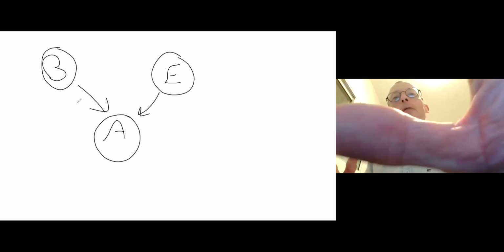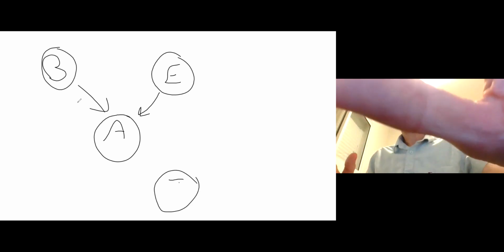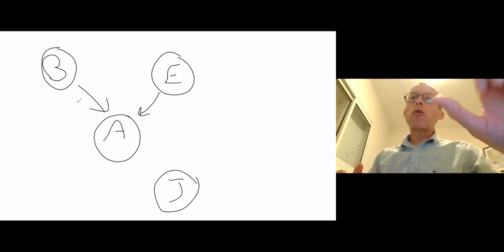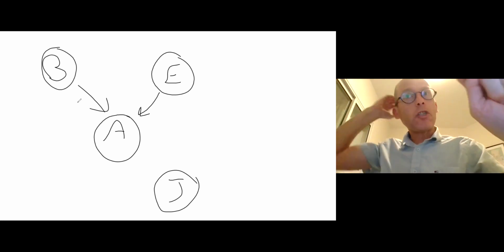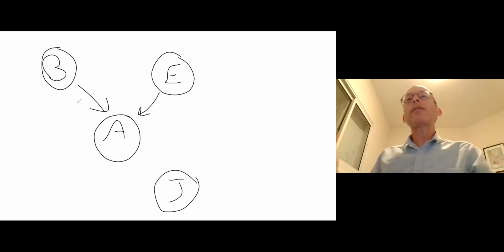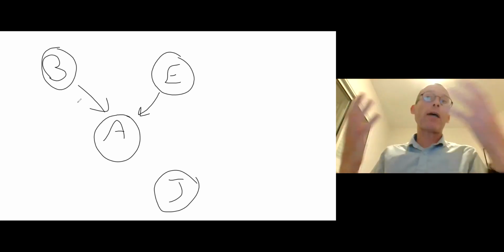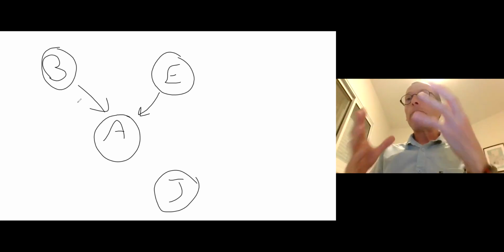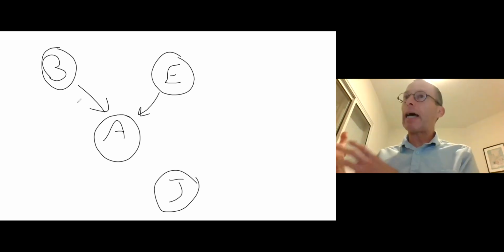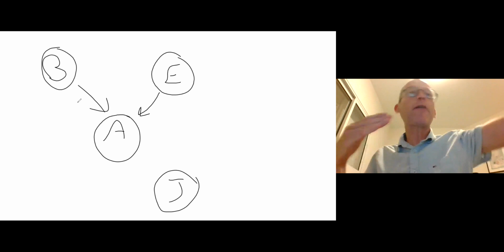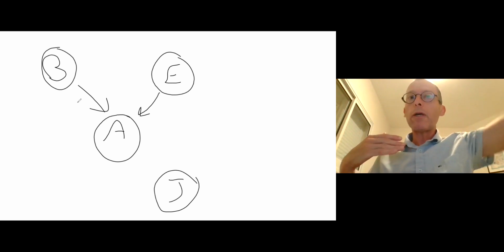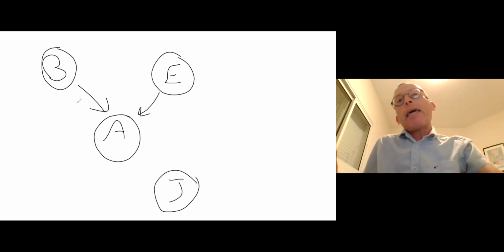Now I'm adding John called. Which variables that I already have is John called dependent on? Obviously, John will call me if an earthquake happened or a burglary happened. But he will only call me if he hears the alarm. So if I know whether the alarm happened or not, it shields me from these two variables. If I hadn't had A, I would connect it.